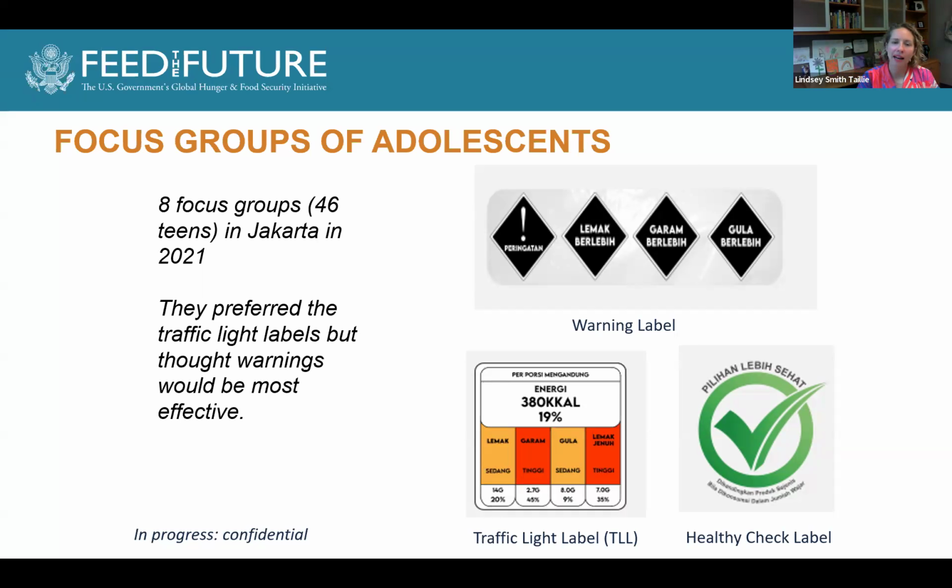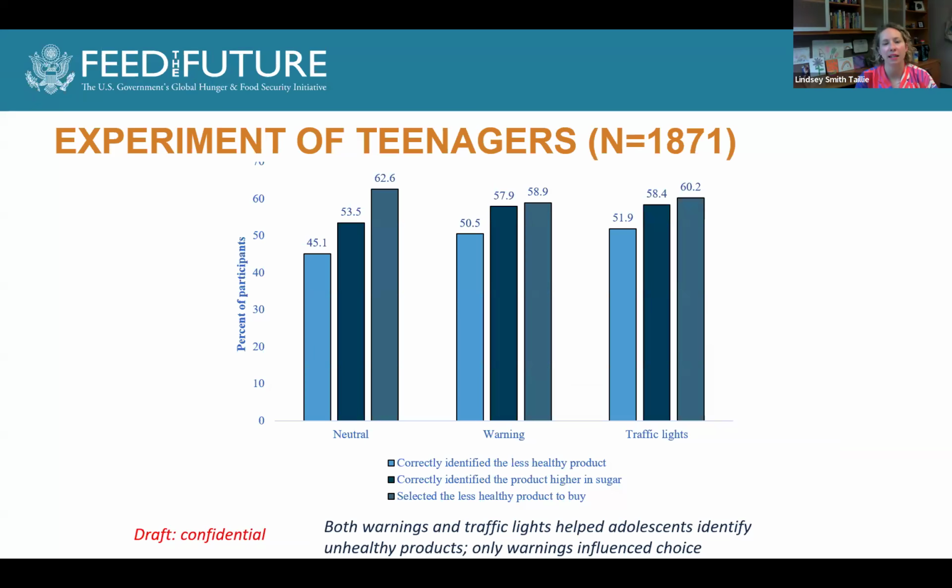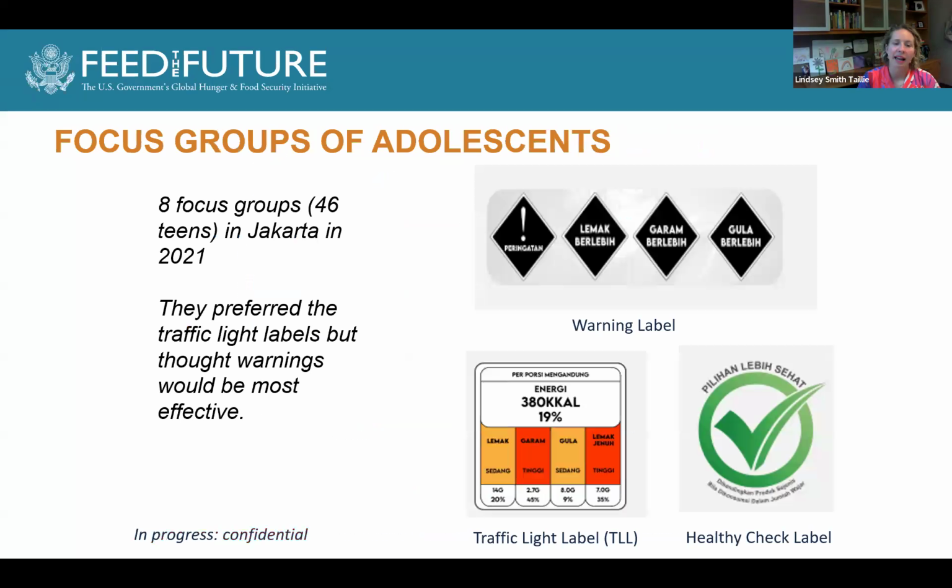But when we went in and actually tested them in an experimental setting, what we found is that the warning labels and the traffic light labels both help consumers identify products, but only the warning labels were actually effective at influencing food choices. And the reason for this is that, as you can see here on the traffic light label, it can be a little bit confusing.